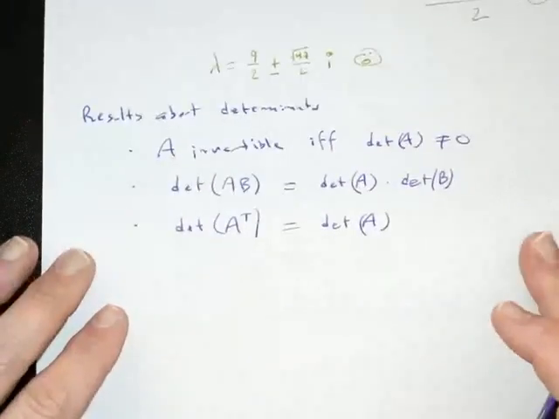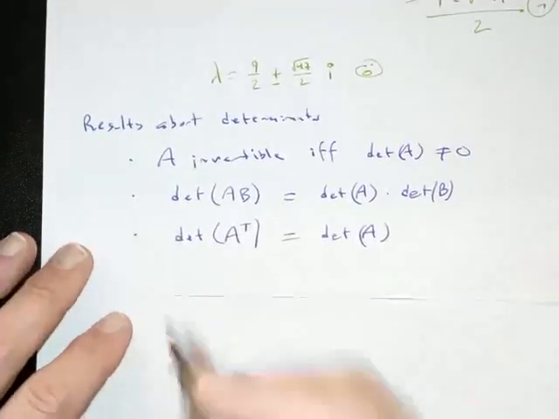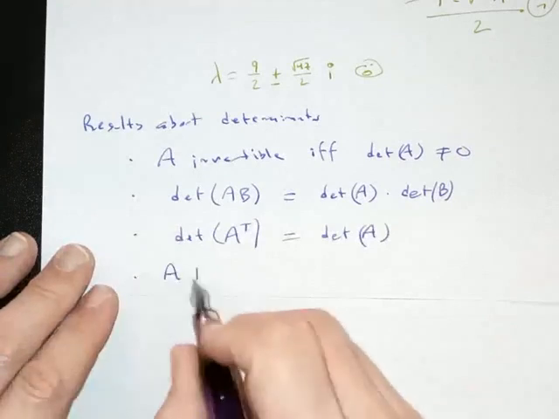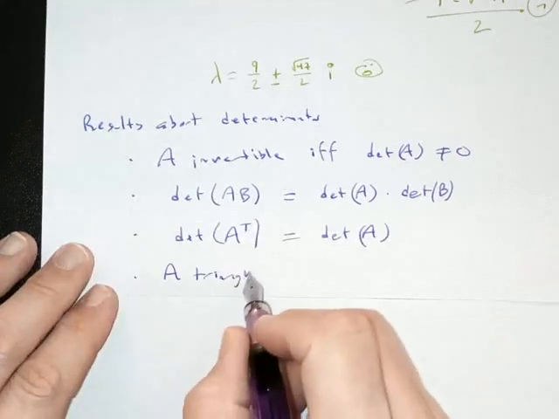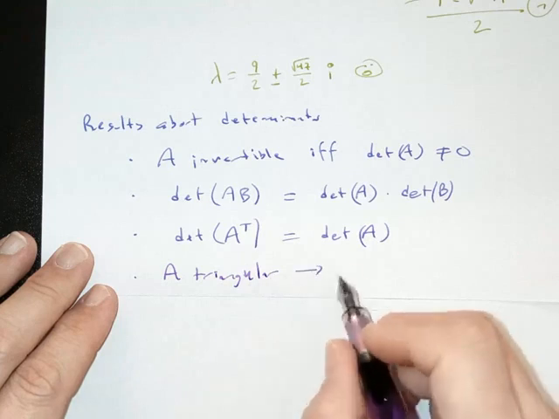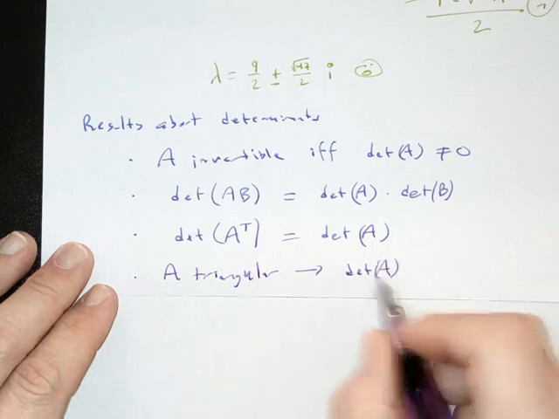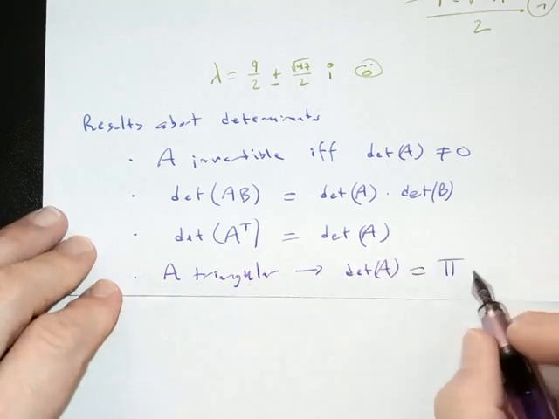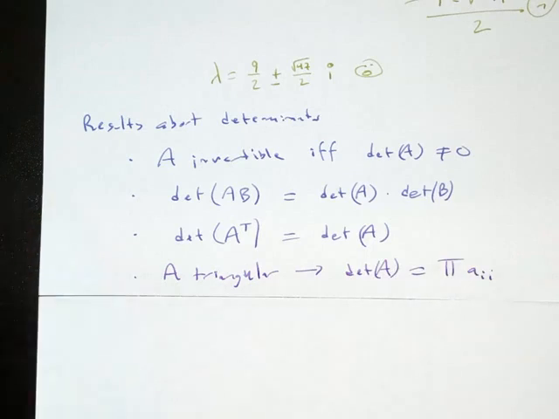We know that if we are looking at a triangular matrix, then all we have to do is multiply the diagonal entries. Capital P, capital Pi, product, like capital sigma, sum.